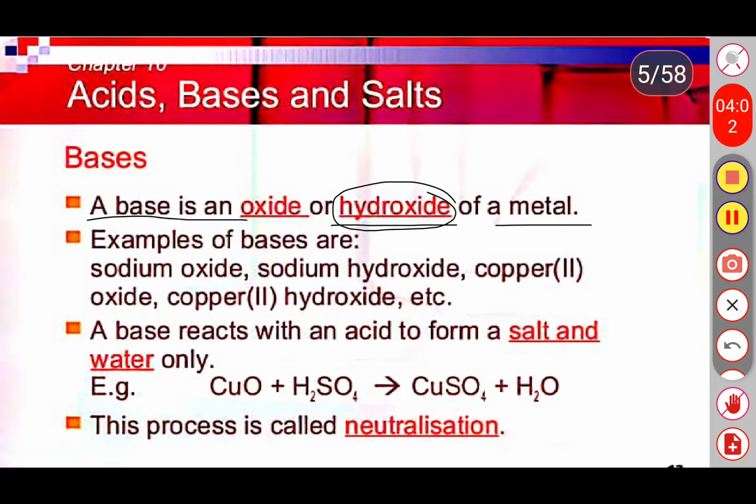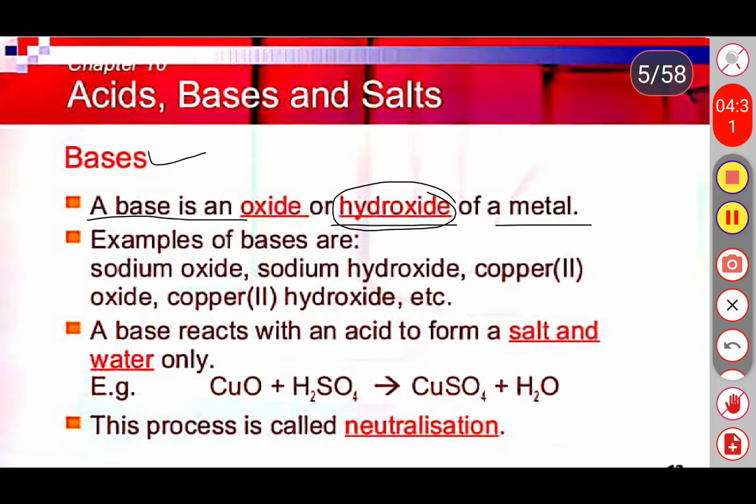One more definition: when bases react with oxides, it forms metal oxides also. That type of metal oxides is also considered as bases. For example, sodium oxide, calcium oxide, cupric oxide or zinc oxide. These are some of the metal oxides, and we consider them as bases.